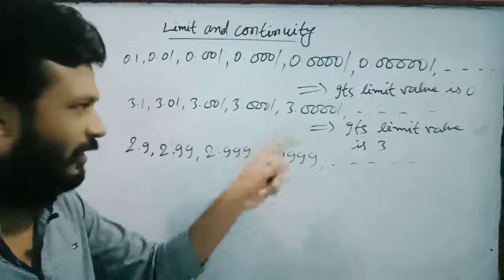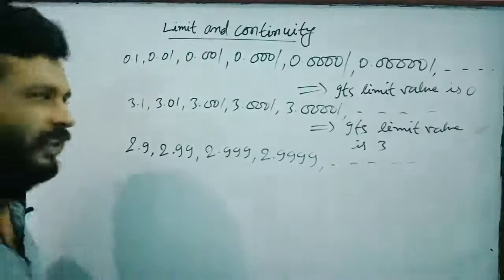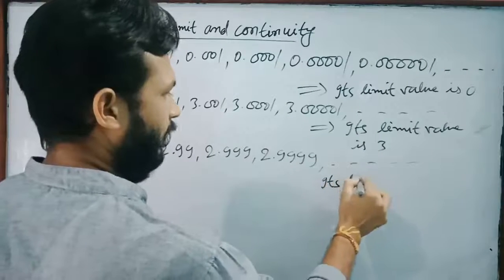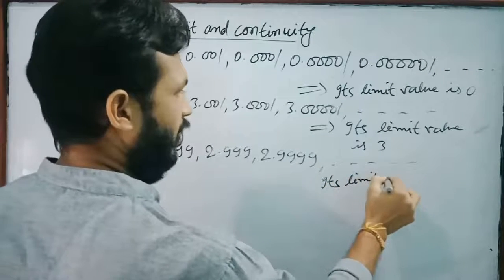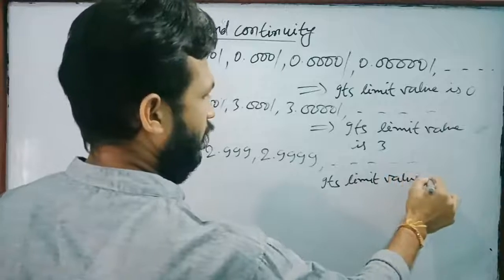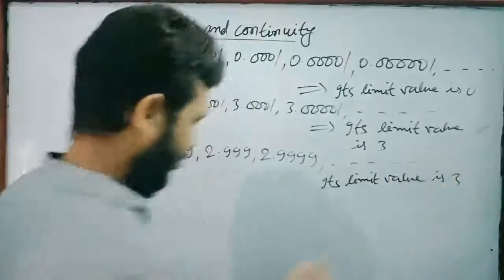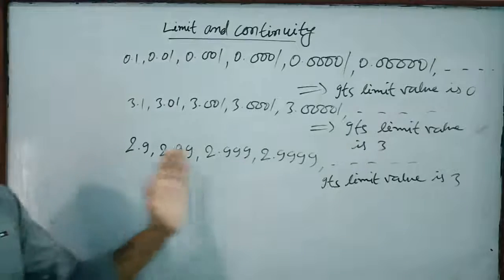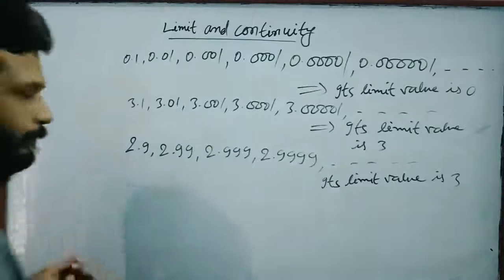So its limit value will be 3. Okay. So its limit value is 3. Understood? Are you clear? Understood?